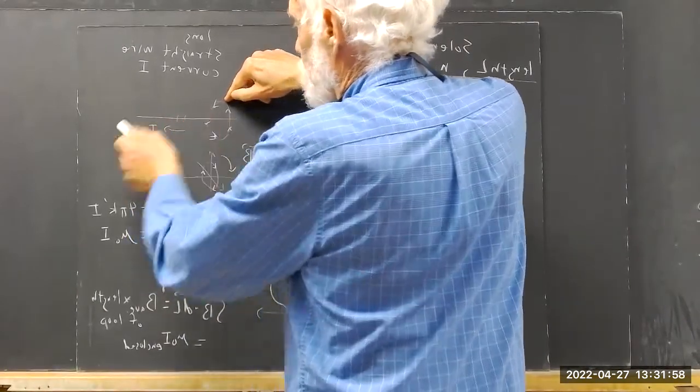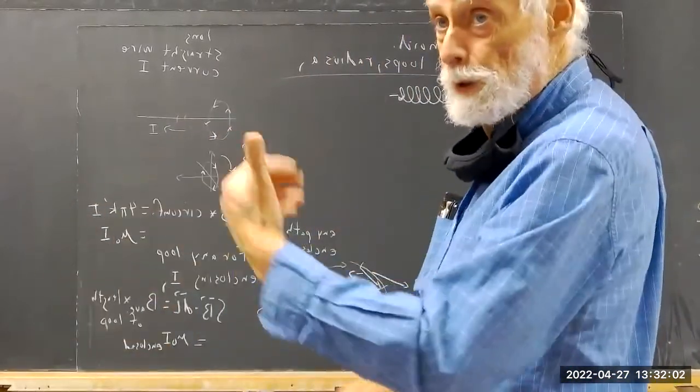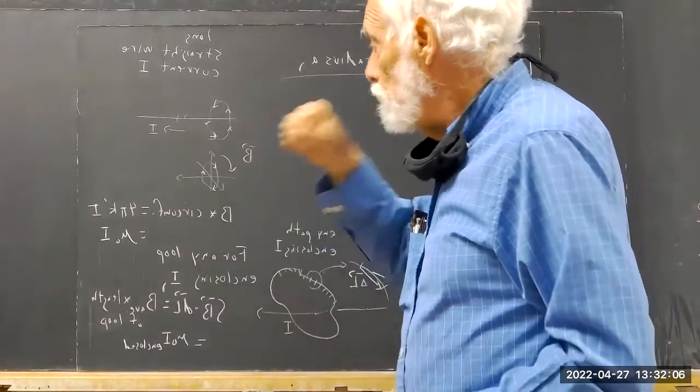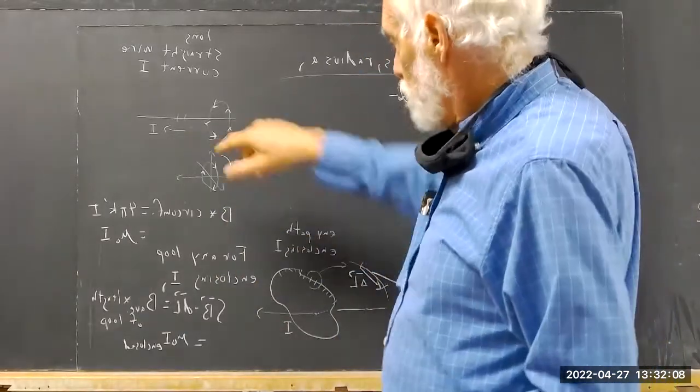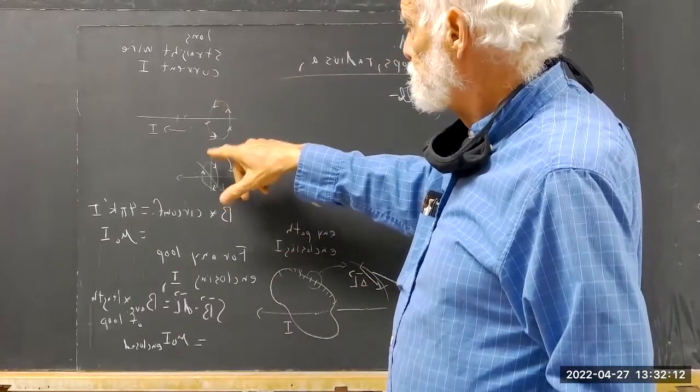You've got your R vector, and you do your cross product of I delta L with R and all that stuff.